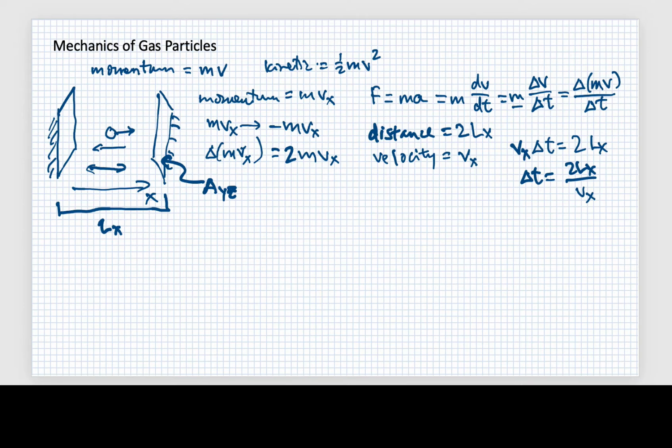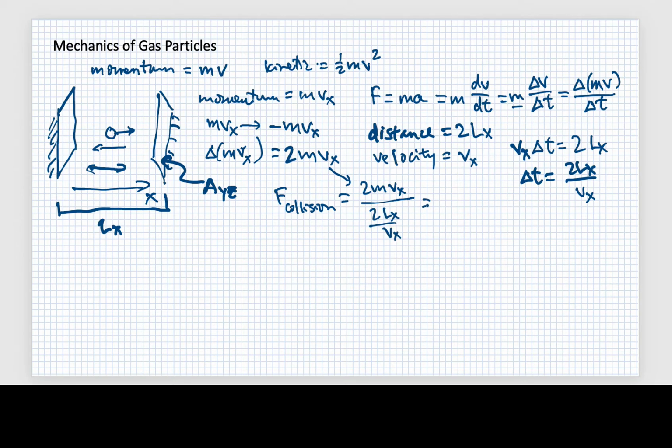So now this gives me a way that I can come up with an expression for the force that the particle hits the wall with. The force of the collision is going to be the change in the velocity, which is 2mvx, divided by the change in time, which is 2Lx over vx.